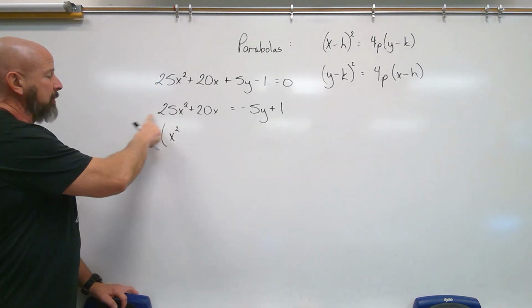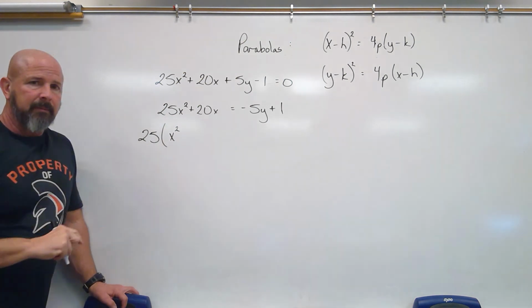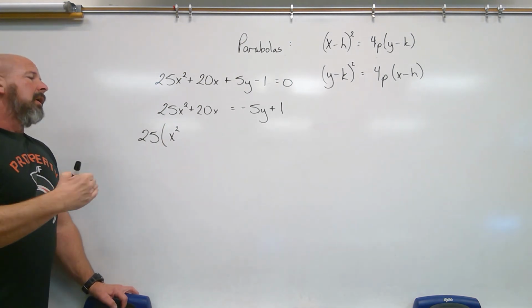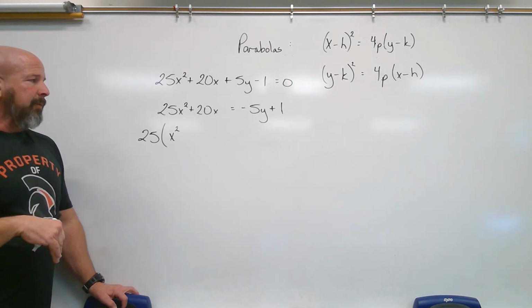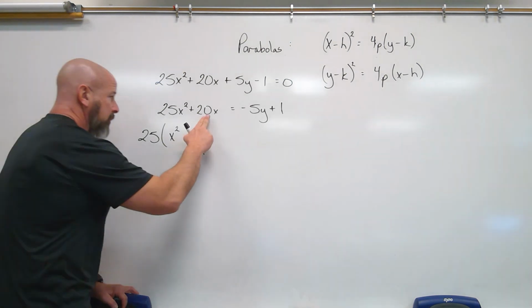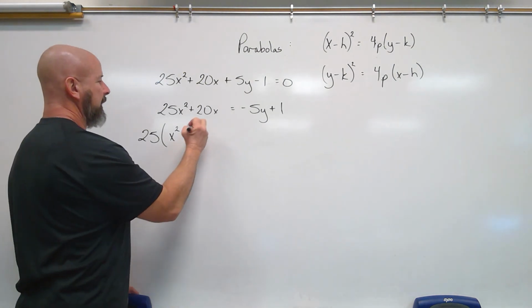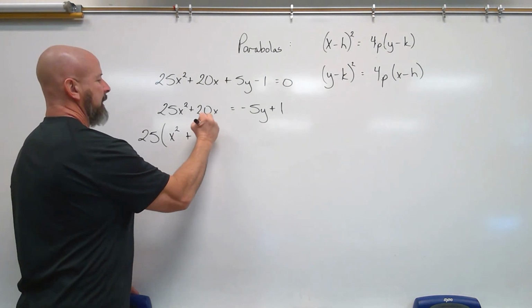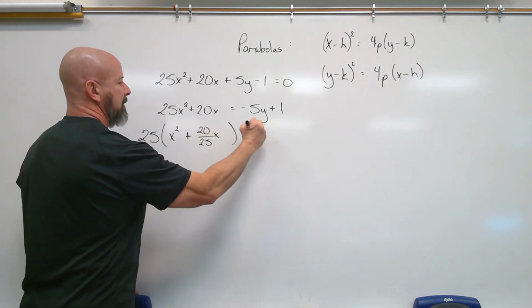Now, again, factor out 25. 25 times x squared is 25x squared. So then if I factor out the 25 from the 20, okay? All right, 25 from the 20, I'm just going to write it like this, 20 over 25x.